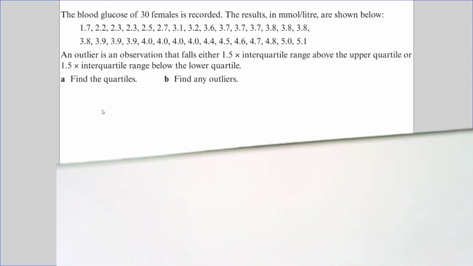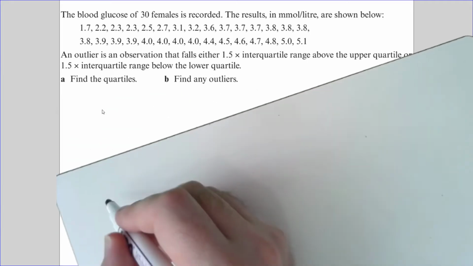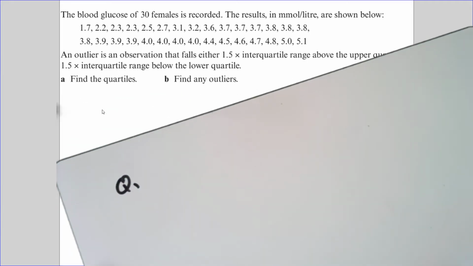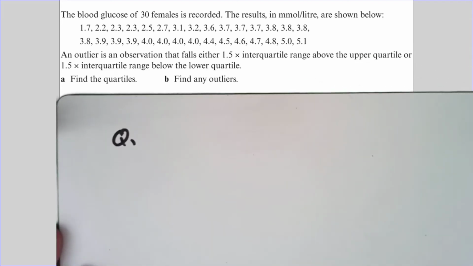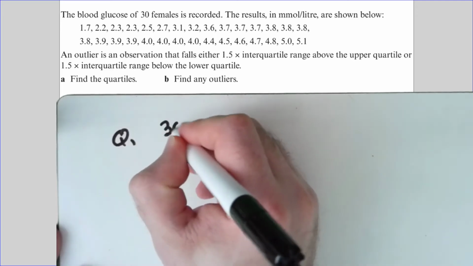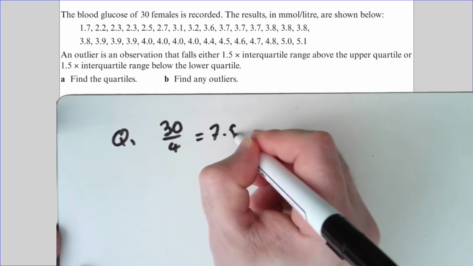So finding our quartiles, we first need to decide what type of data this is. This is list data, so we're going to use the choosing method for list data. So to do Q1, the first thing we're going to do is work out where this is in our set of data. So we're going to do 30, because there are 30 things, divided by 4, which gets us 7.5.